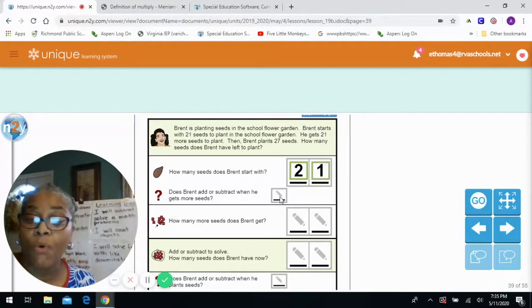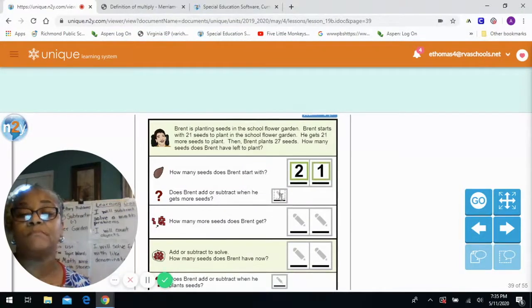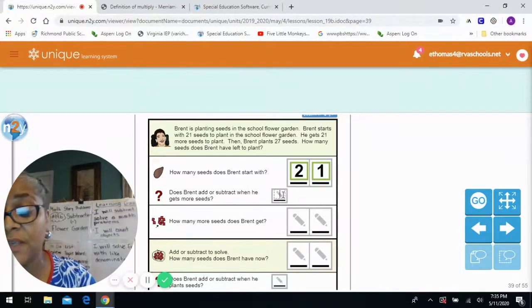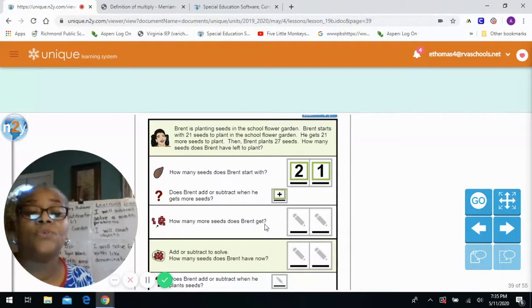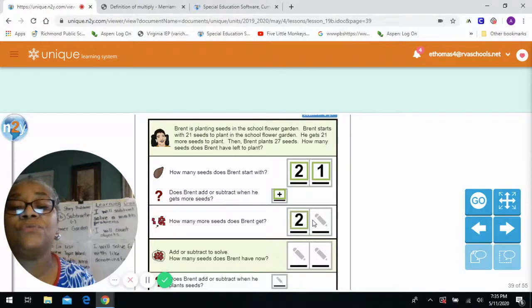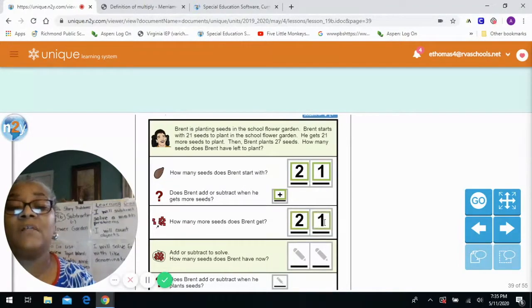So what does more mean? Left is subtraction and more means to what? Means to add. Okay, let's put that in there. Okay, now, so how many more? He got 21. So we have the 2, and then we have the 1.